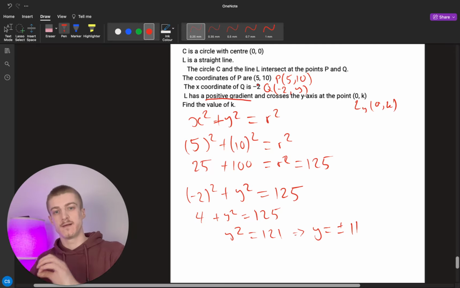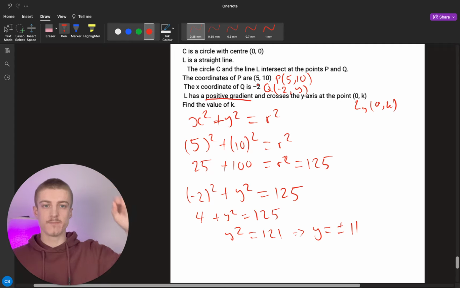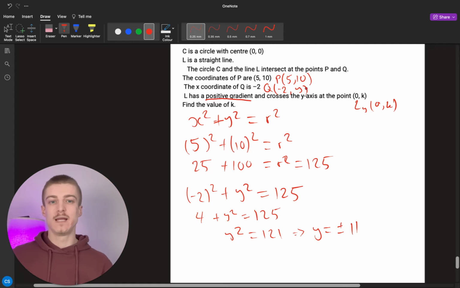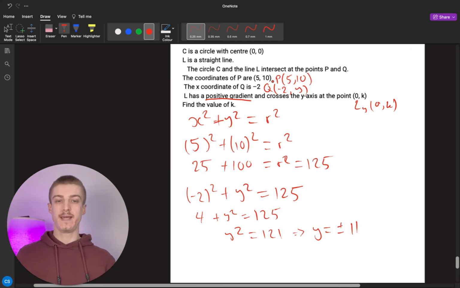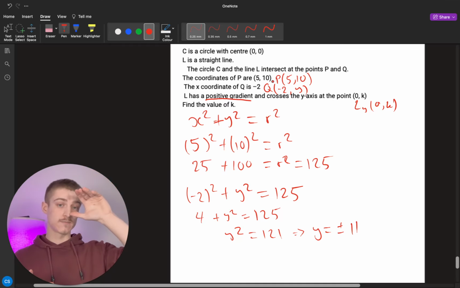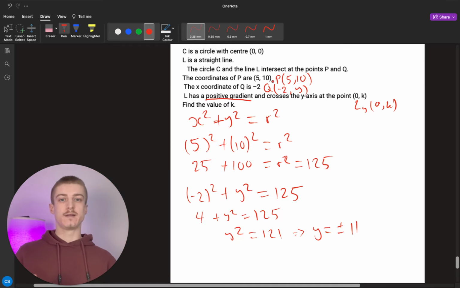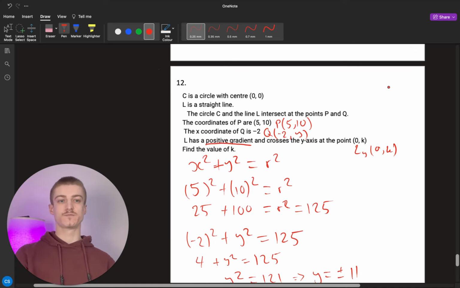Now we have the gradient of the line and a point that it passes through. We can find the equation of a line now. Okay, let's do that in blue as well. The equation of a line, we have y minus y1 equals m times (x minus x1). Let's substitute P in.